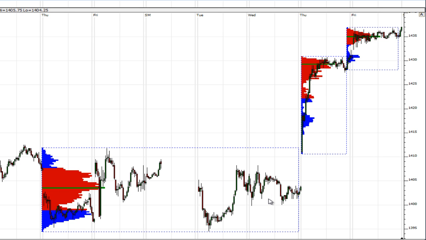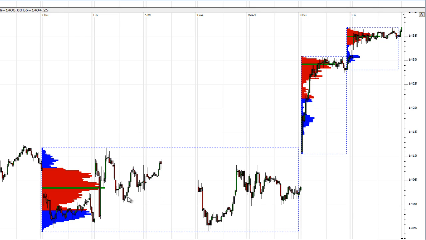When you're looking at market structure from the profile perspective, and from any perspective really, it's always about the continuation between days, what's really happening on a bigger picture. So here, when we're looking at market profile, this is how we look at the bigger picture. We group the days of balances into one structure, into one profile.